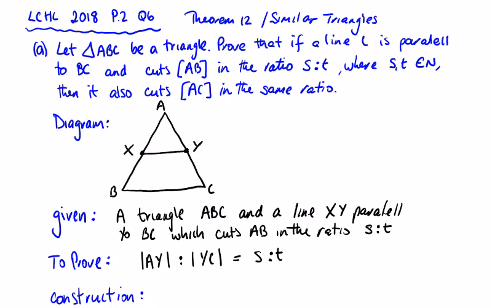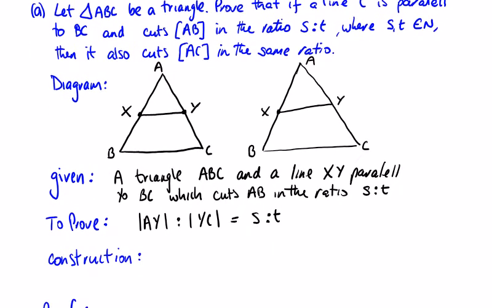Okay, I'll do my diagram up here for construction too. Let's just keep the construction diagram separate. A, B, C. We have our X and our Y. And we're going to write down what we're going to do. We're going to divide AX into equal parts. I think there's 3 there.